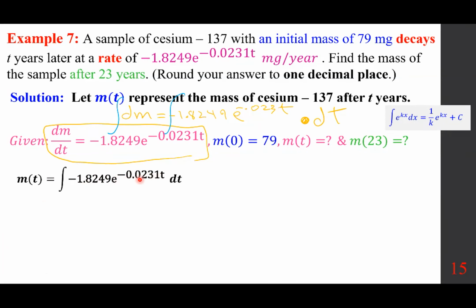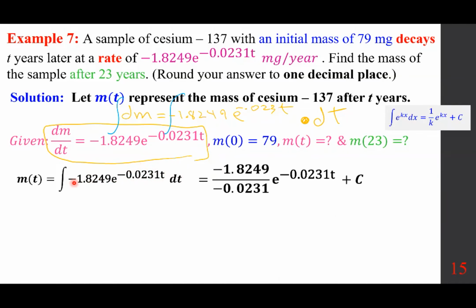So you're integrating this one, and never mind the number looks nasty. It's e to the power of kx. So you have to divide by the coefficient of t. So you have to divide by this number. So this number divided by negative 0.0231, and then e to the power of the same, plus a constant.